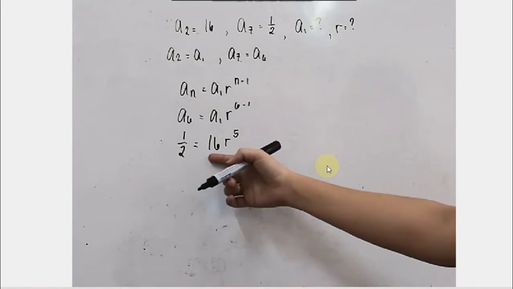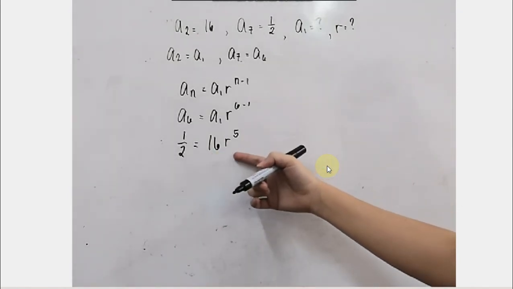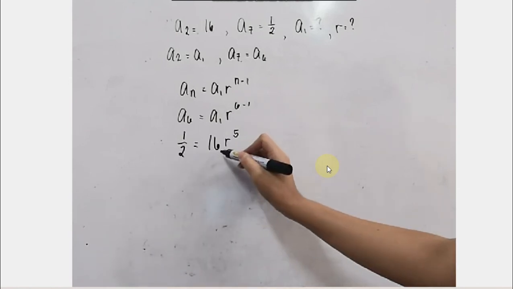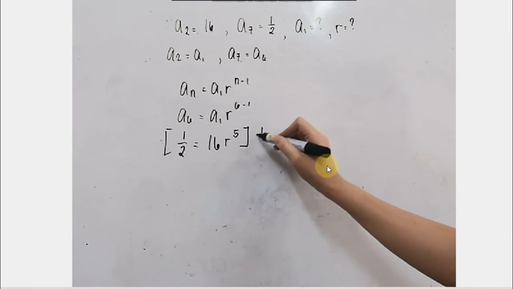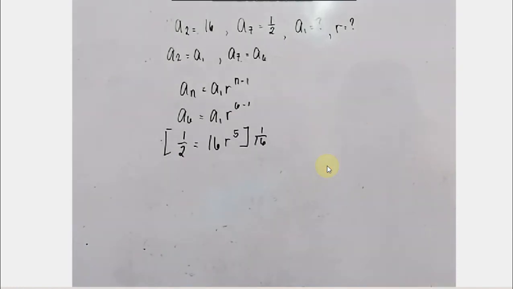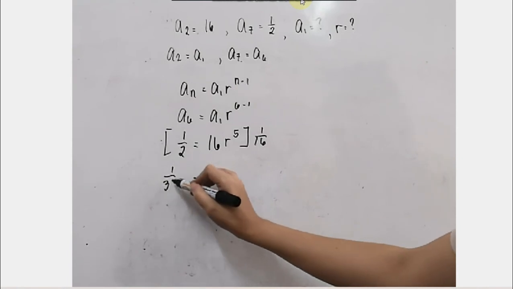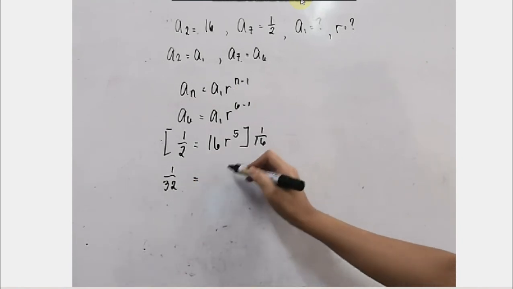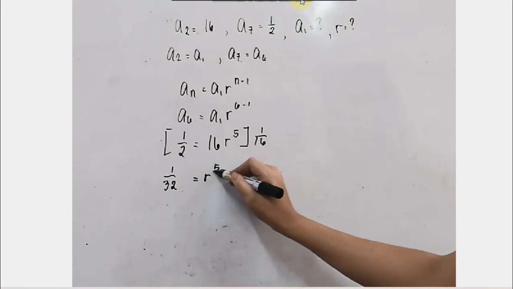Now, we are going to remove 16 here so that only r remains. Or we are going to multiply both sides by 1 over 16. So that will give us 1 over 32 is equal to r raised to 5.